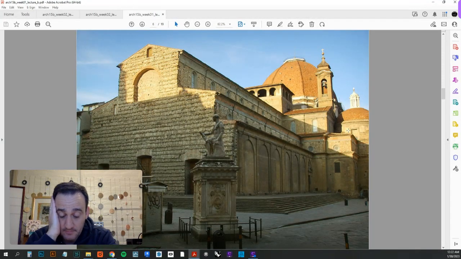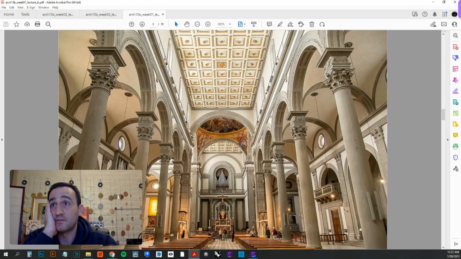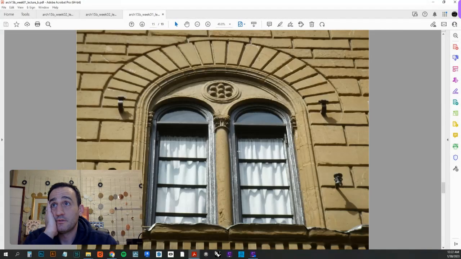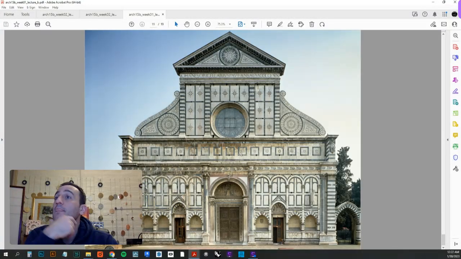All'antica. This is a perfect example of all'antica. So all'antica is a term you've heard me use in the lectures to date, which is a Latin term meaning after the antique. It made reference to classical antiquity of ancient Greece and ancient Rome, the phrase that framed the motivation of the Renaissance artists and architects.